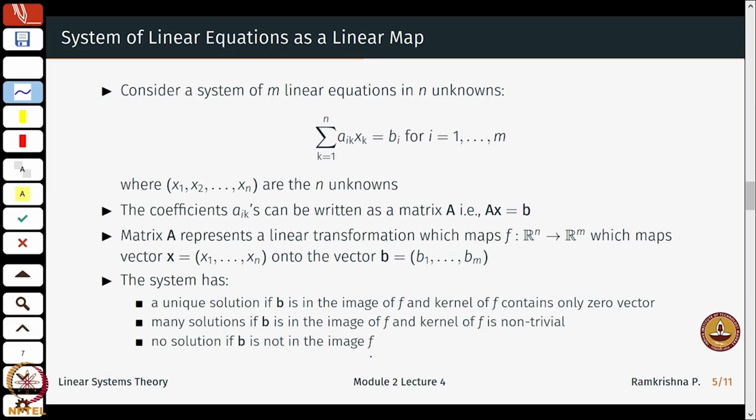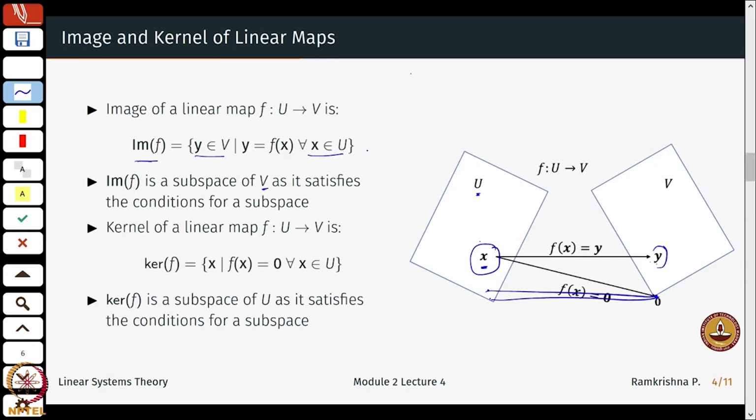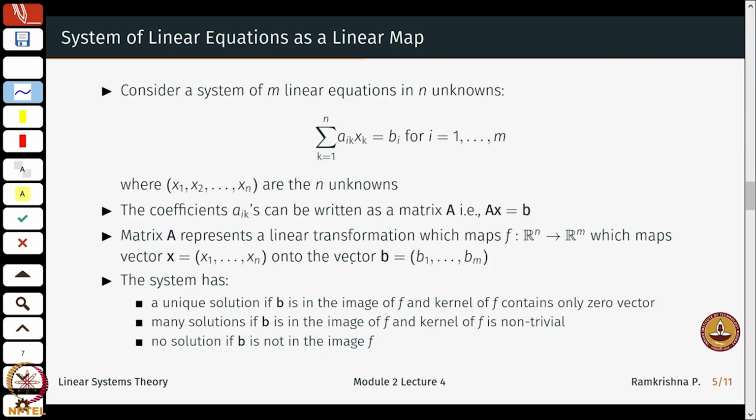So, what are the properties, or are there any applications of defining the image and a kernel? Let us start with a system of m equations, right. Let us say that x belongs to some space U, b belongs to some space V, and A defines the linear transformation.